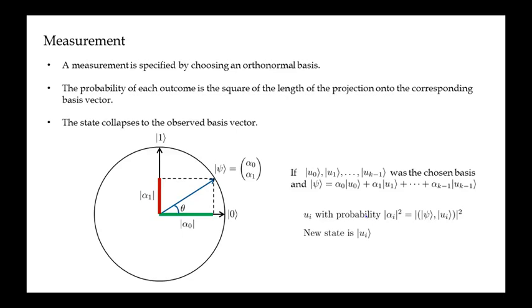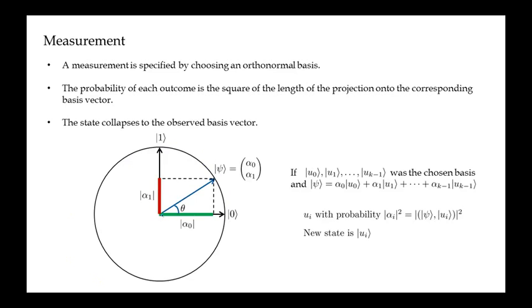And moreover, if the outcome of the measurement is the ith basis vector, then the new state is exactly the ith basis vector. For example, this is easiest to picture in 2 dimensions where your amplitudes happen to be real, so that you can plot everything out in a two-dimensional real space, and the state sits on the unit circle.